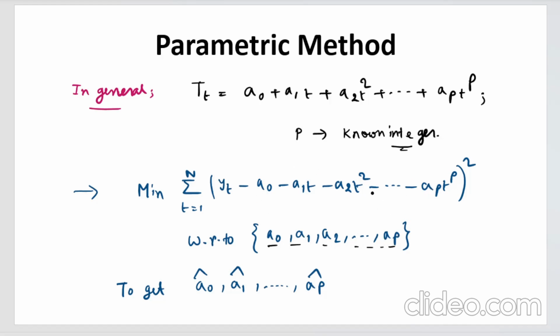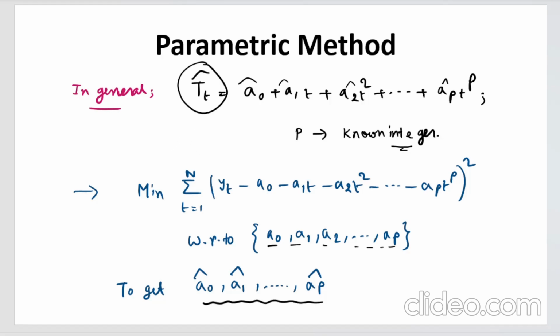So you take partial derivatives with respect to all these parameters, and that will give you your estimated coefficients, a0 cap, a1 cap, up to ap cap. Now if you substitute them back into the functional form, you will get T cap, because t is known to you and you have already found the estimated values. That will help you in deriving the trend.